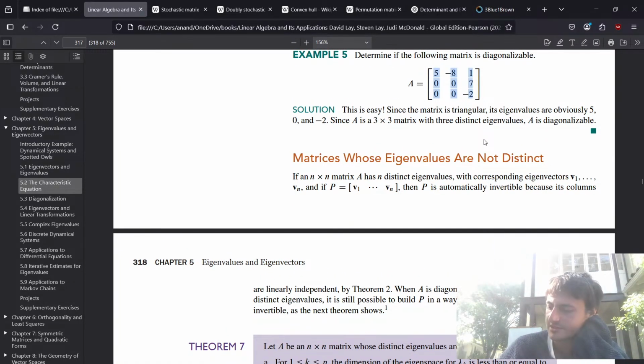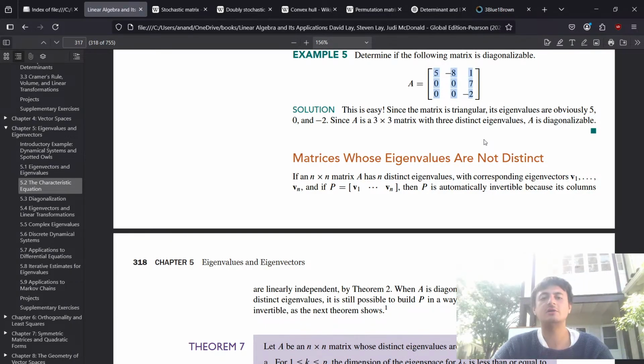So I'm just going to write that down: the matrix with entries 5, 8, minus 8, 1, 0, 0, 7, 0, 0, minus 2 is diagonal, even though it's not invertible.